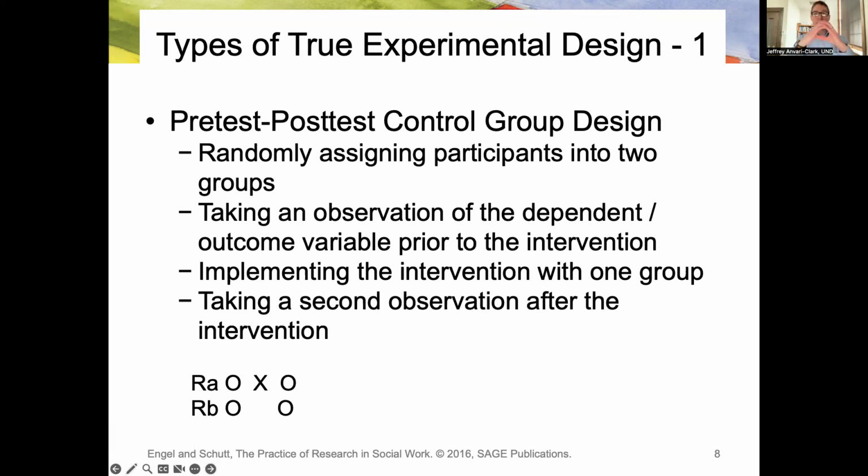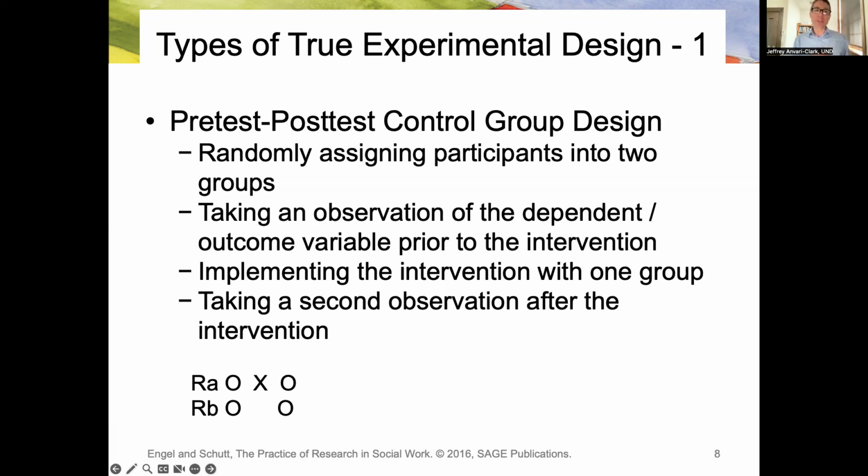Our observation means we take a look at and do some sort of measure. Maybe it's on a depression scale or the financial well-being scale or something like that. So we do some sort of assessment to measure quantitatively where is our baseline here? Where does a person start at for each group? And they should be fairly similar.